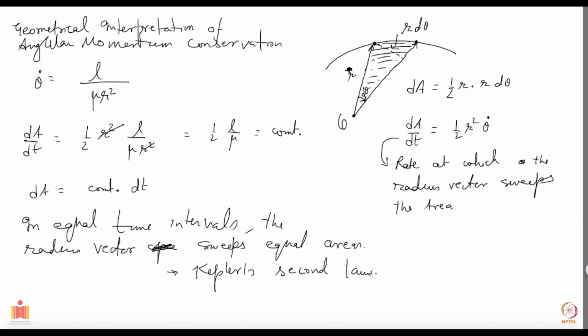Just to summarize before we move next, we have found two things: motion happens in a plane, and Kepler's second law holds true. I have assumed nothing more than the fact that I am using central forces. Now let's look at the equations of motion.